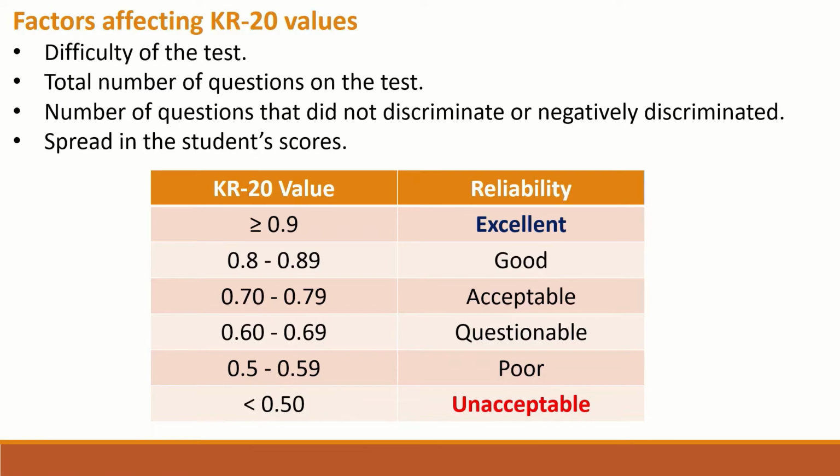A value of 0.5 to 0.59 is considered to be a poor reliability. And an exam or a test that has a KR20 value of less than 0.5 is considered as an unreliable or an unacceptable exam.